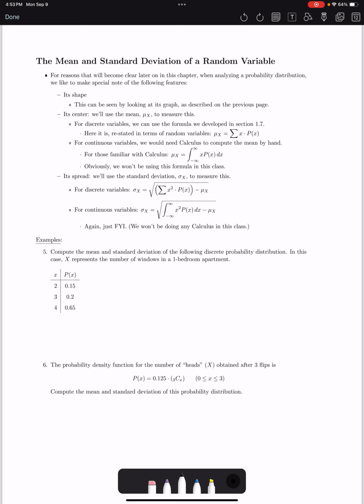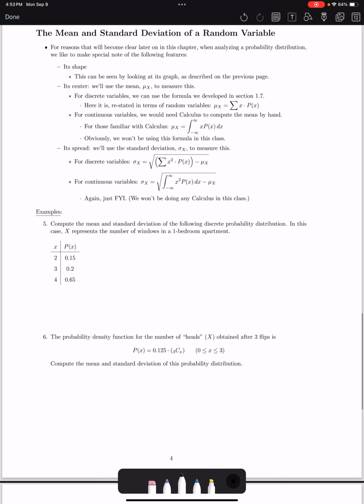Okay, let's look at a couple examples computing the mean. So number 5 here says, compute the mean and standard deviation of the following discrete probability distribution. In this case, x represents the number of windows in a one-bedroom apartment. Okay, so for the mean, we would say mu sub x equals the sum, and that's my attempt to draw the Greek letter sigma, right?